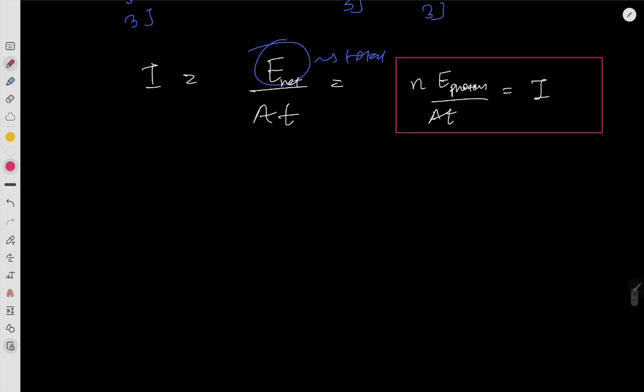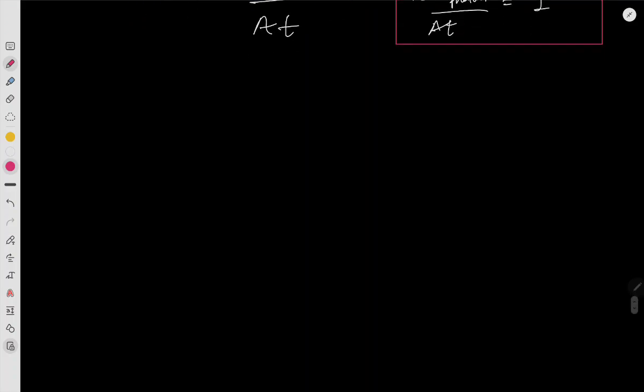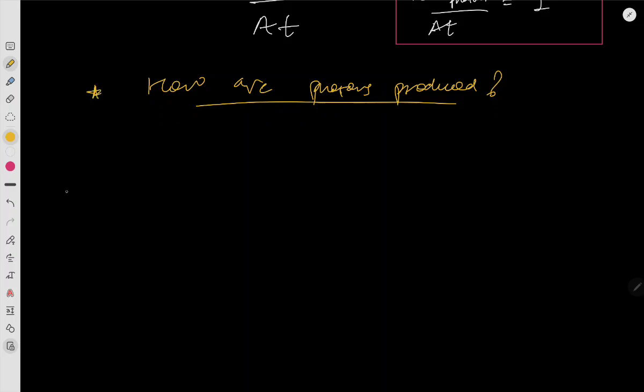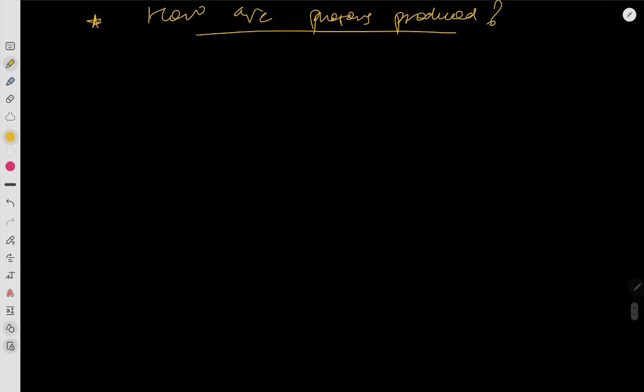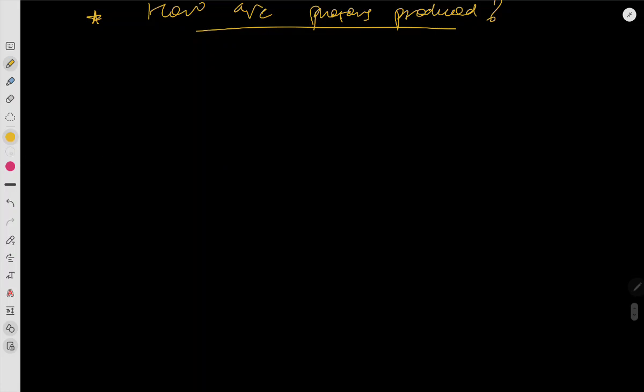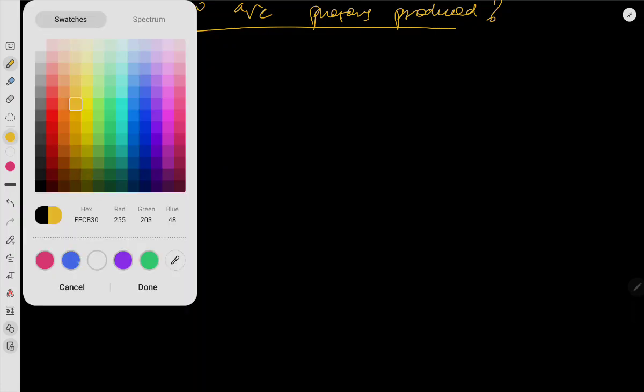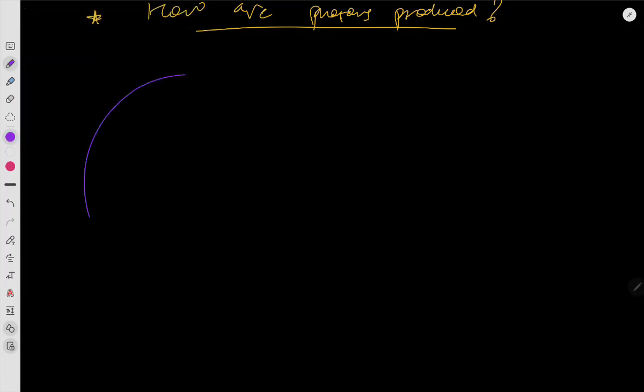And now the next thing is to understand how photons are produced. So you might have studied something like this. I might not know, but still I'm trying to explain.